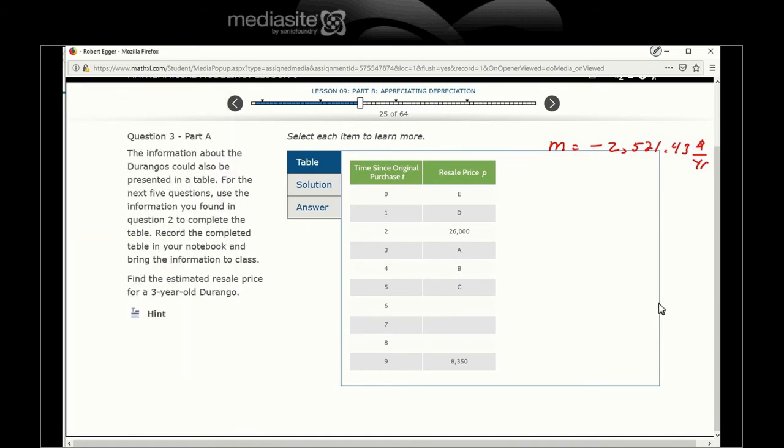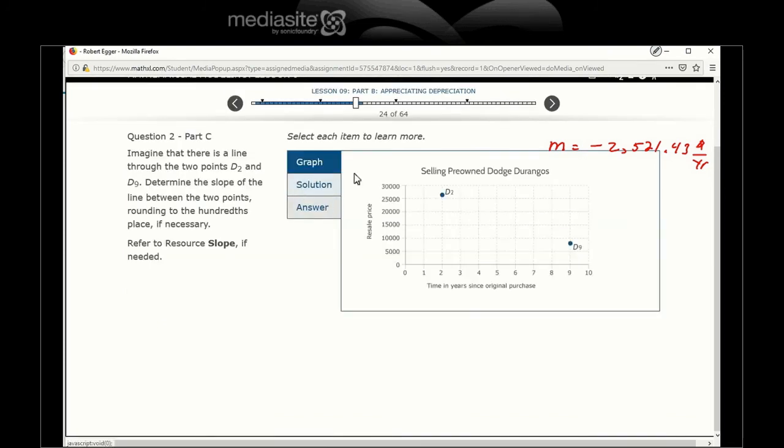So from the points, where's the graph at? As I move away from here, for every year I go over, I'm going to go down 2,521.43.